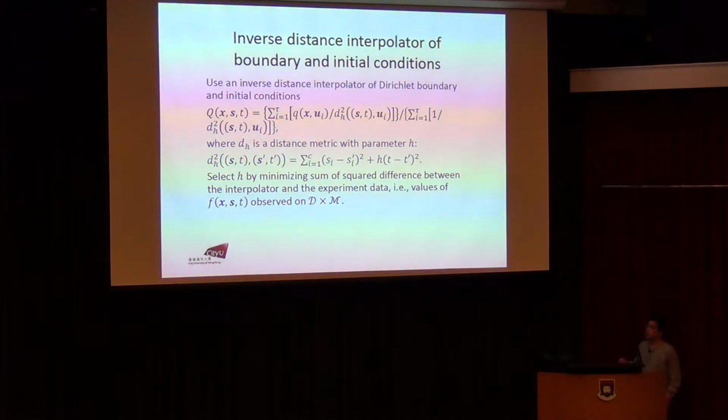We select h by minimizing the sum of squared differences between the experiment data and the inverse distance interpolator, capital Q here.